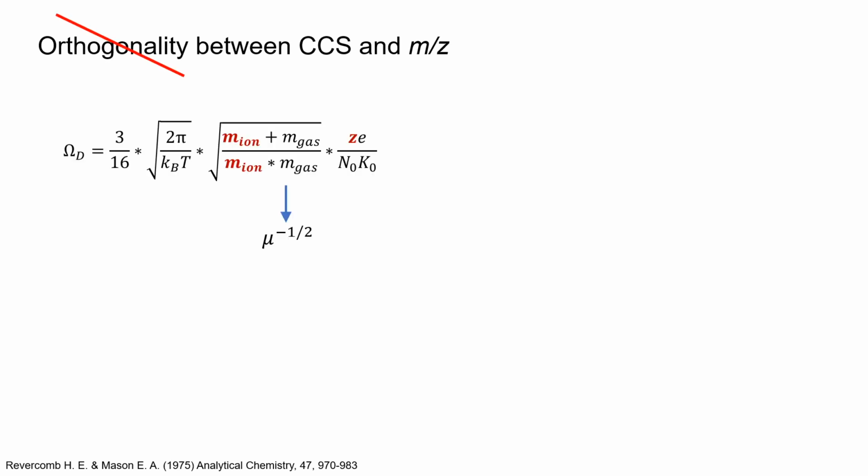The CCS and the mass to charge are not orthogonal. In fact, if we look again at the fundamental low field ion mobility equation, we notice that the CCS is derived from a number of parameters, including both the mass of the ion, embedded into the reduced mass mu, and also the charge of the ion.